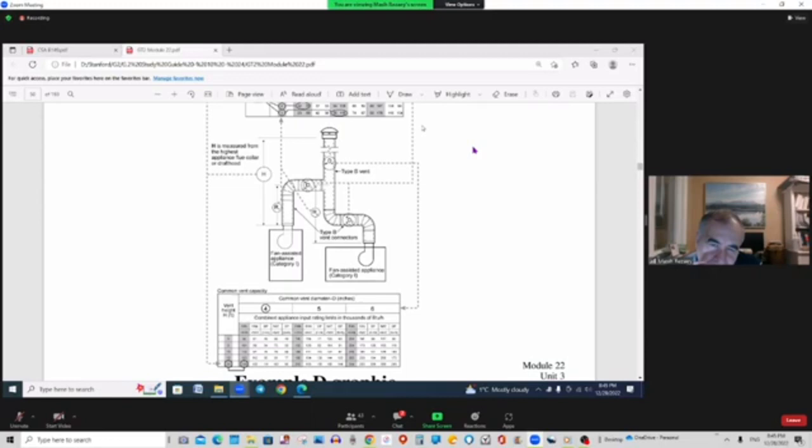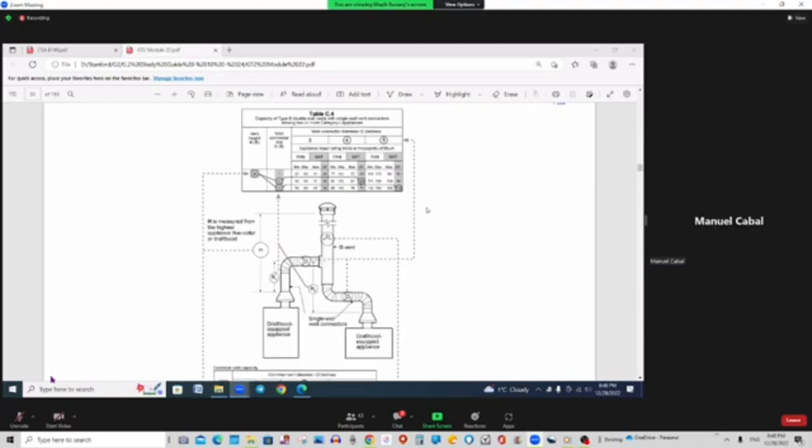If we go to 2 or more appliances, B vent and single wall connector, we go to table C4. Now, the same procedure as table C3. Mr. Amir Hussain, table C4, please. Capacity of type B double wall vents with single wall vent connectors serving 2 or more category 1 appliances.